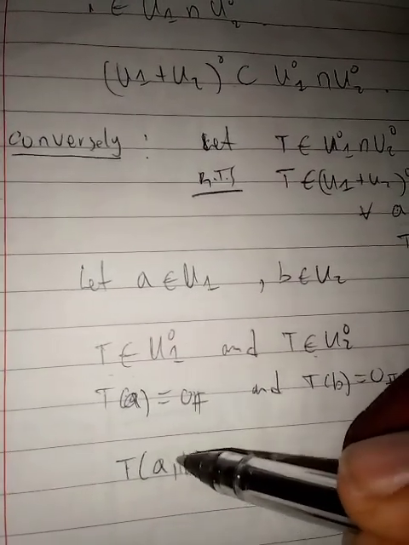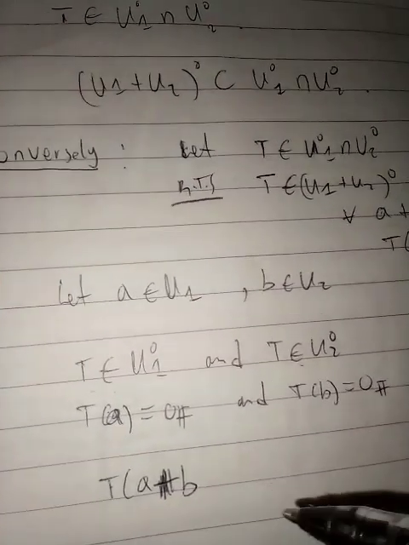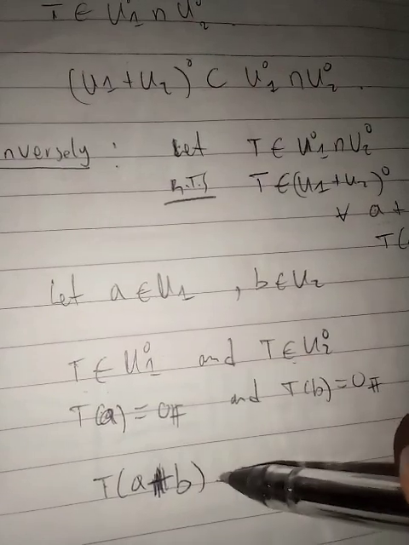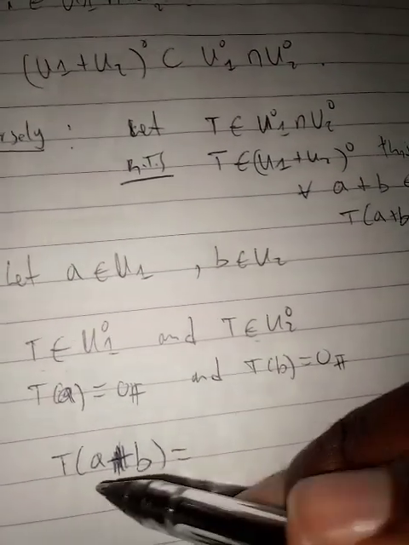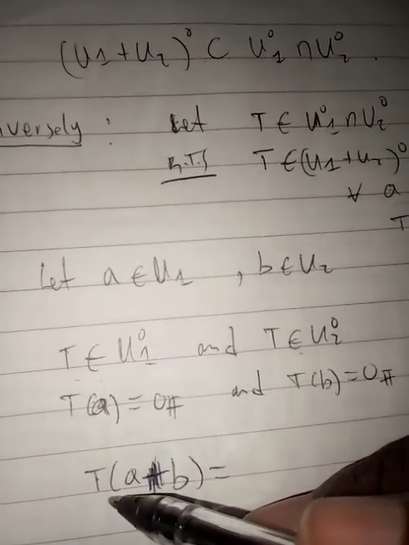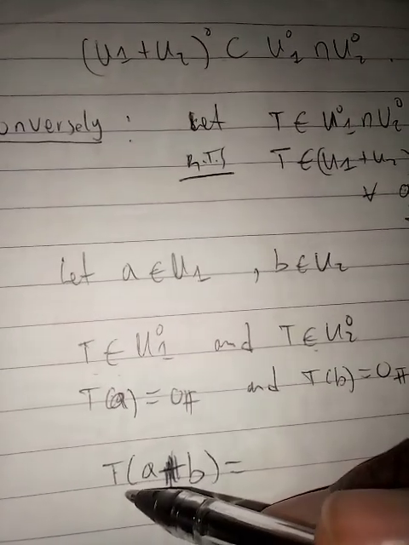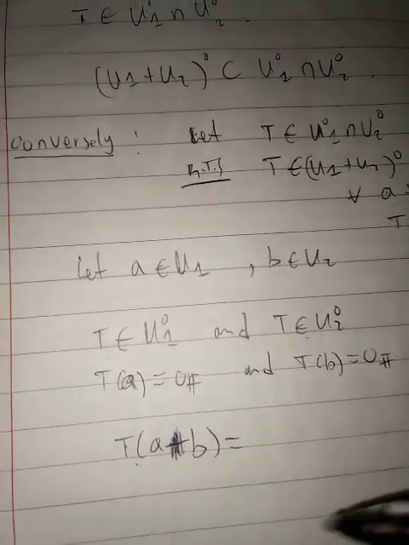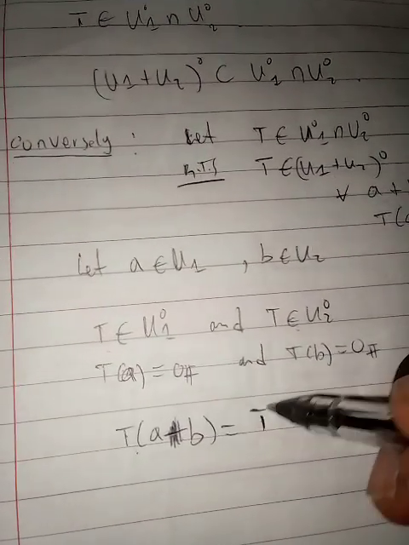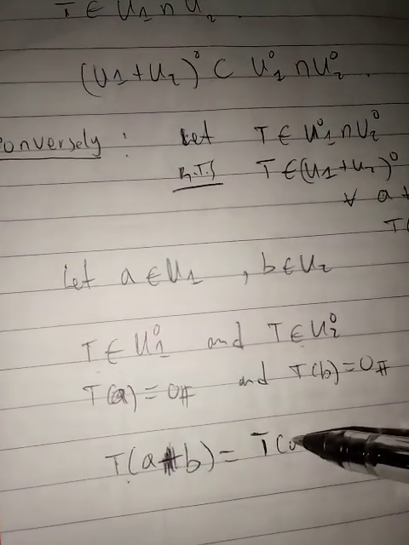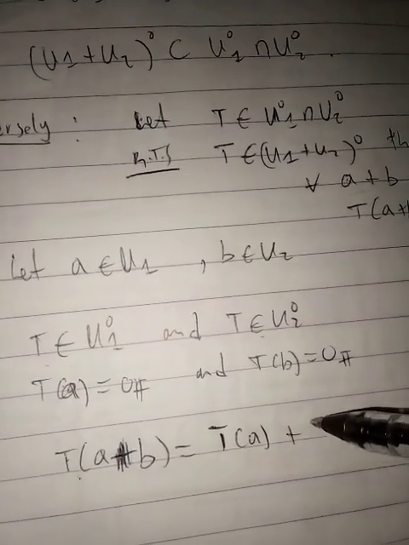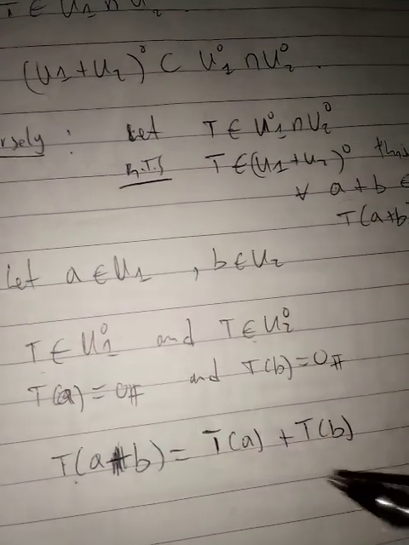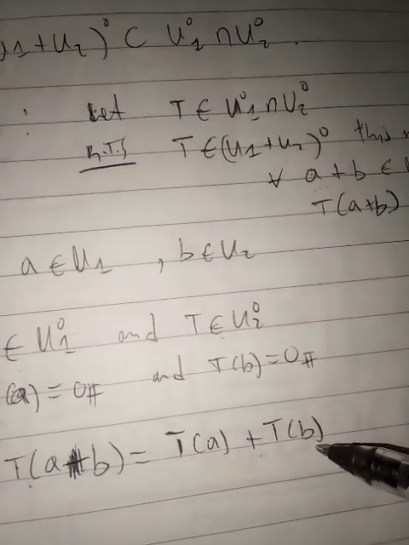T of a plus b. We remember that t is a linear transformation. By the property of linear transformation, I can separate this like so: t of a plus t of b.